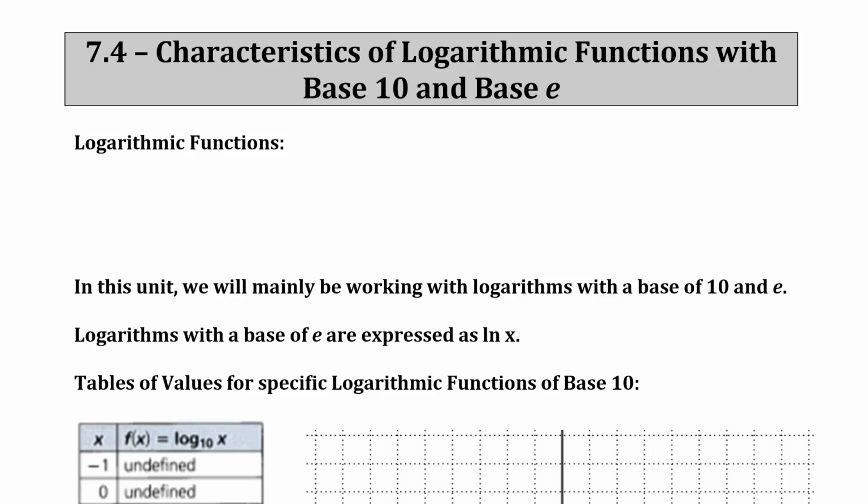7.4 Characteristics of logarithmic functions with base 10 and base e.